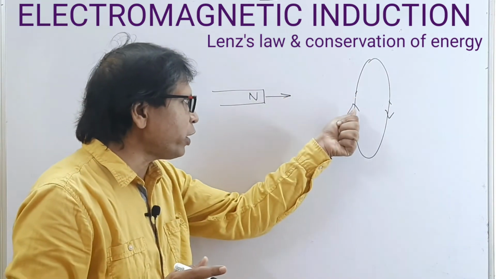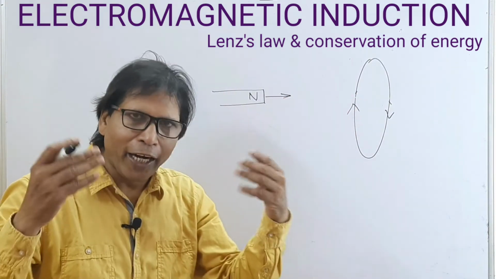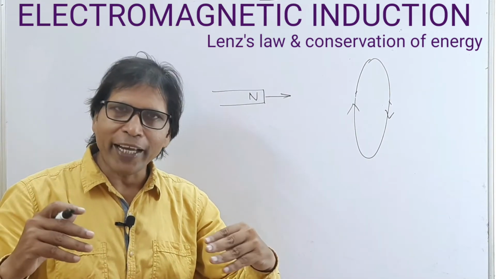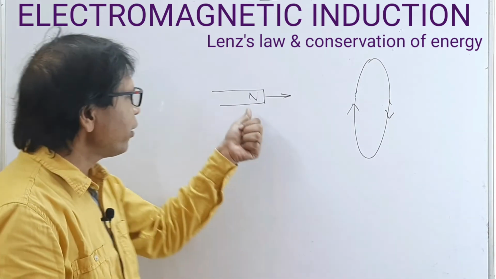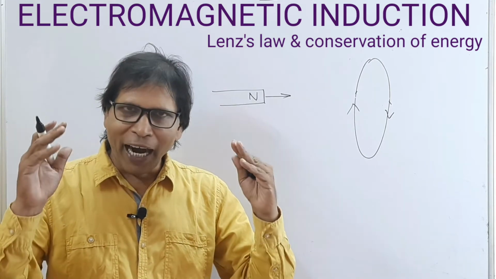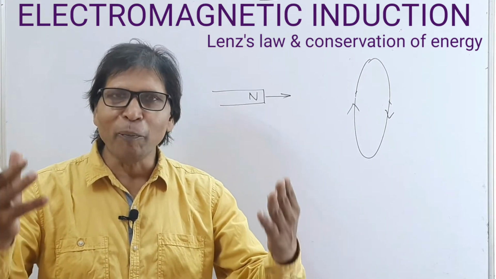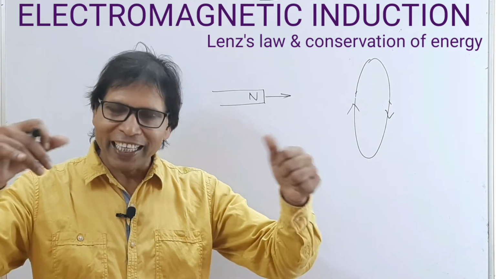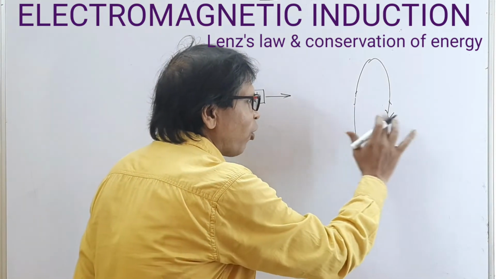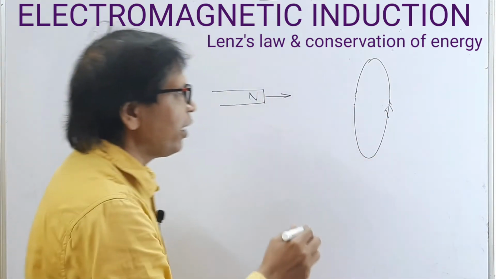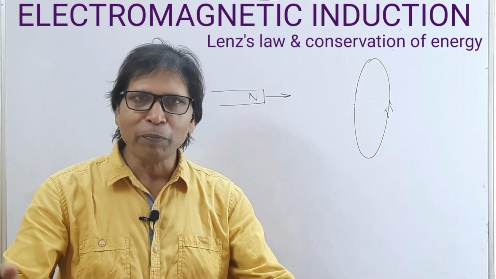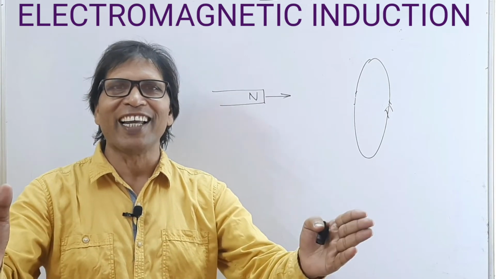So this induced S pole attracts the N pole with more and more force. So without any mechanical work, the velocity of the incoming N pole increases. This violates the conservation of mechanical energy. So our assumption is wrong. Due to the incoming North pole, an anticlockwise current is induced. Therefore, Lenz's law does not violate the principle of conservation of mechanical energy.